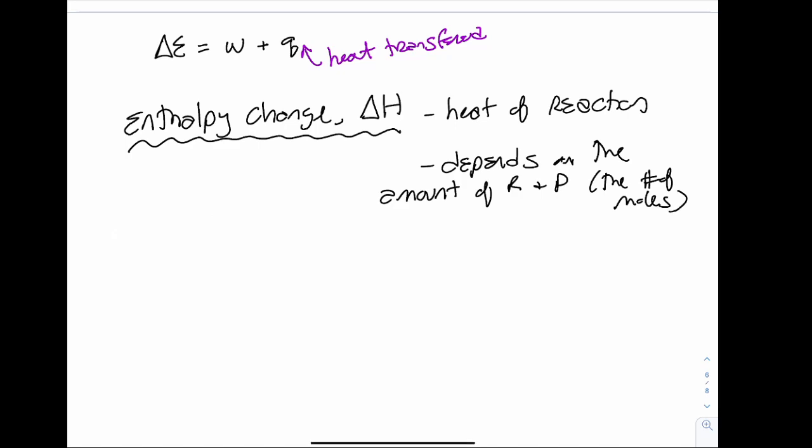A way to relate the two: if we were to take Q, my total heat transfer, and divide it by the number of moles, we're actually going to get delta H. So Q is my total heat transfer. Delta H depends on the number of moles that I have. My units for Q would be joules. My units for delta H would be joules per mole, often kilojoules and kilojoules per mole.